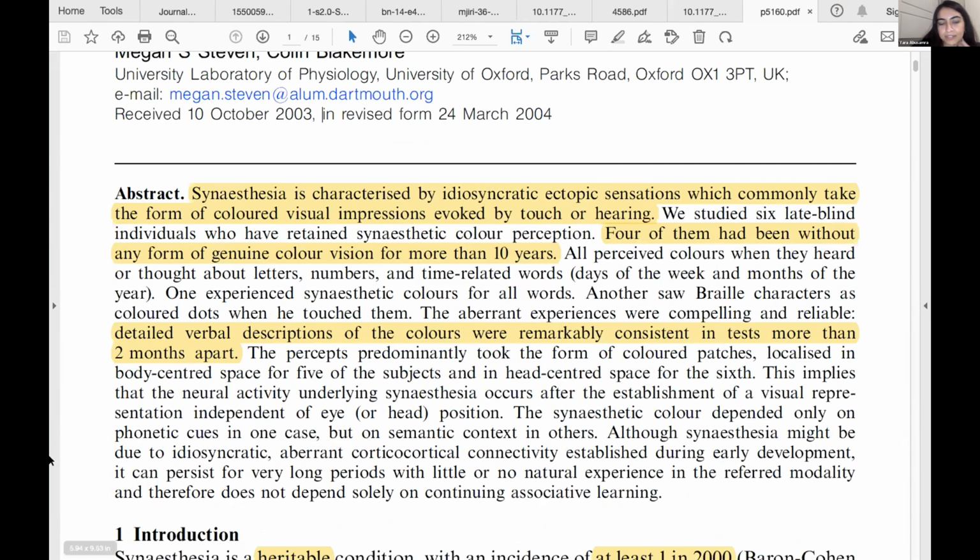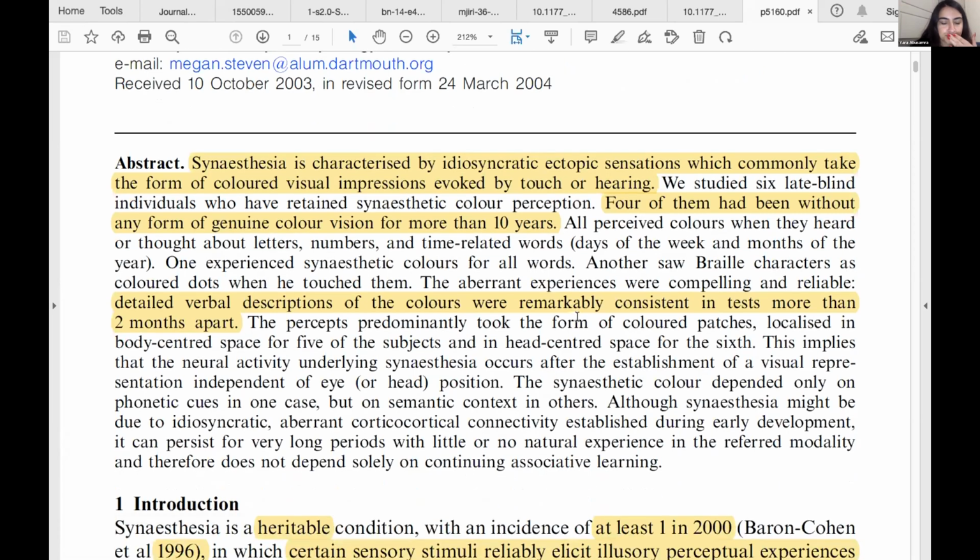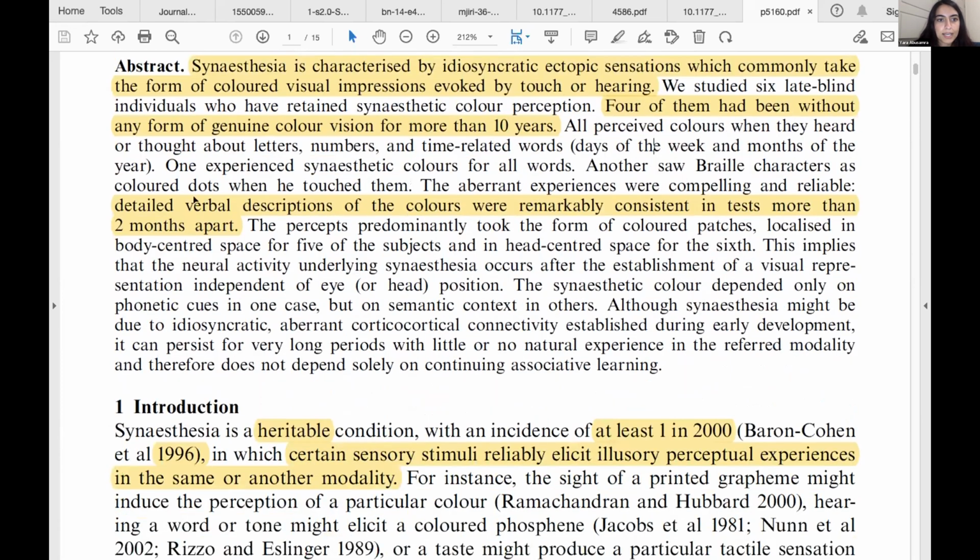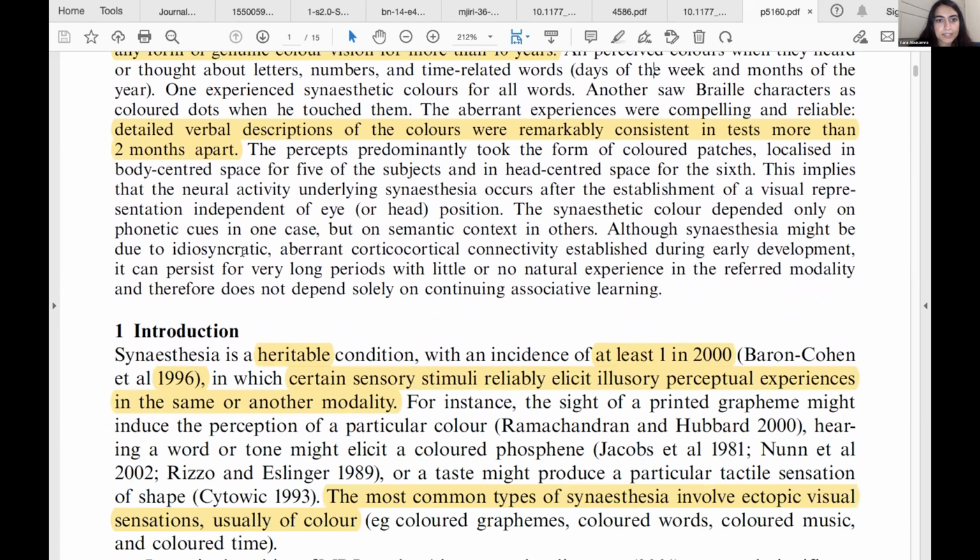Like Vivek defined earlier, you stimulate one sense and another sense is stimulated in conjunction. This study includes 6 late blind individuals, and 4 of them had been without color vision for more than 10 years.